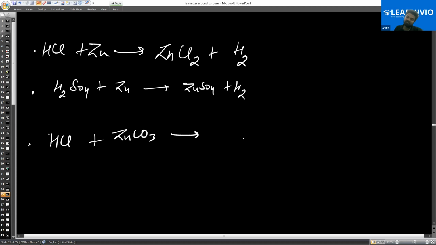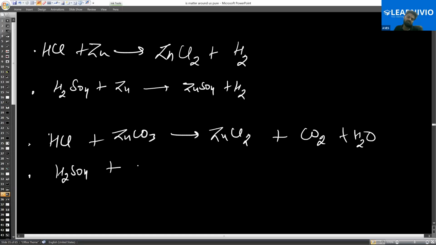Zinc chloride ZnCl2 plus carbon dioxide plus water, CO2 plus H2O. Next. Second example, H2SO4 plus zinc carbonate gives you zinc sulfate plus carbon dioxide plus water. Next.